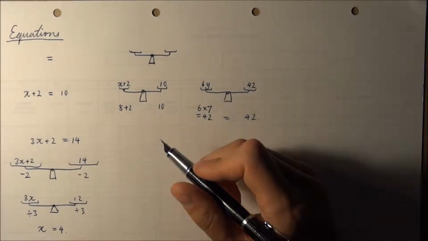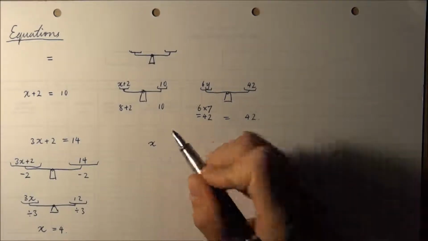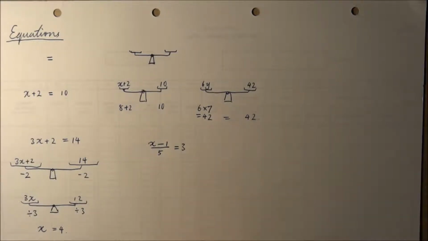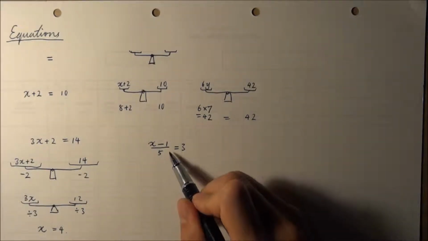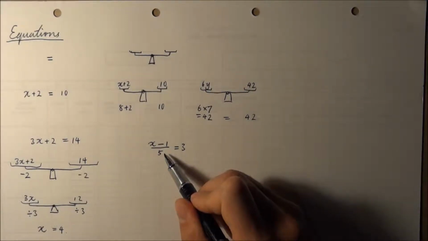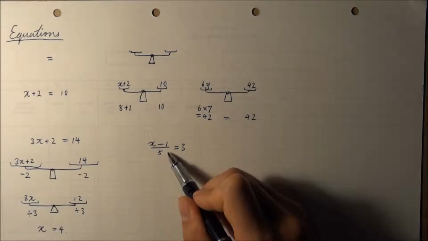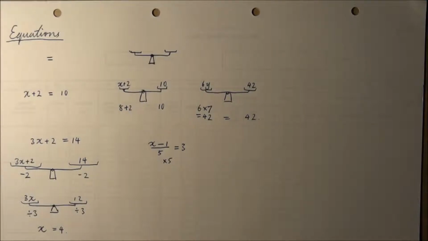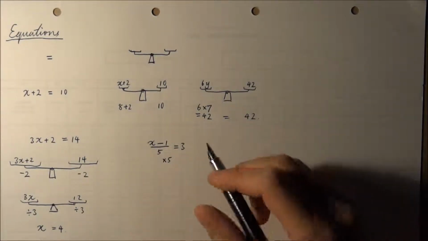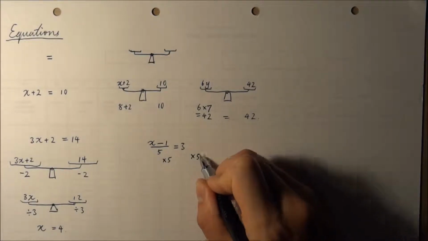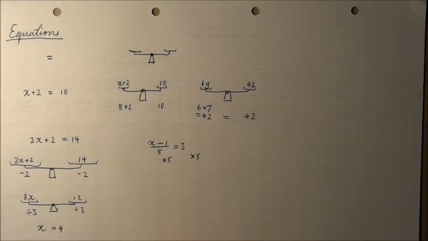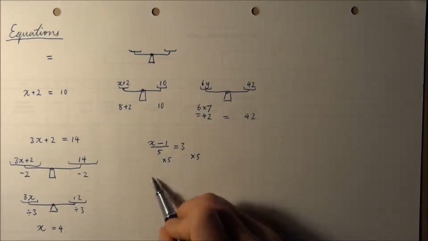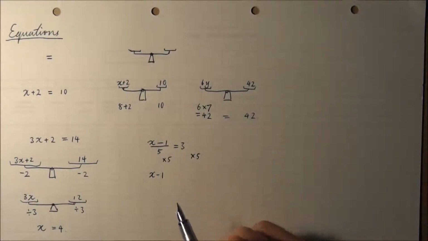So, for example, if we have x minus 1 divided by 5 equals 3. Here, to undo the divide by 5, we have to multiply this side by 5. But to ensure that the two sides are equal, we have to multiply by 5 on the other side as well. Since multiply by 5 undoes divide by 5, we will have x minus 1 left here.